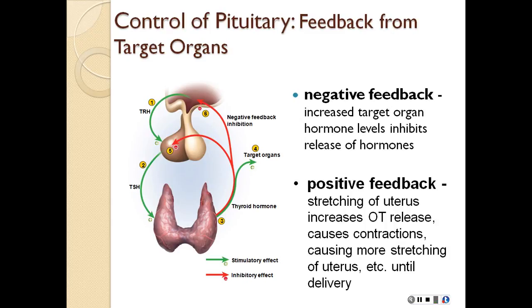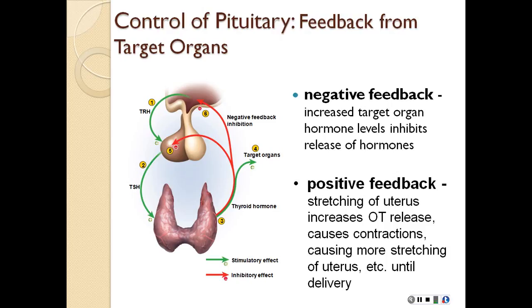And it sends the signal, which is another hormone called releasing hormones. So the hypothalamus secretes releasing hormones and inhibiting hormones to turn on the release of a hormone and to shut off the release of a hormone. So TRH, thyroid releasing hormone, is what tells the anterior pituitary gland to release TSH, thyroid stimulating hormone.